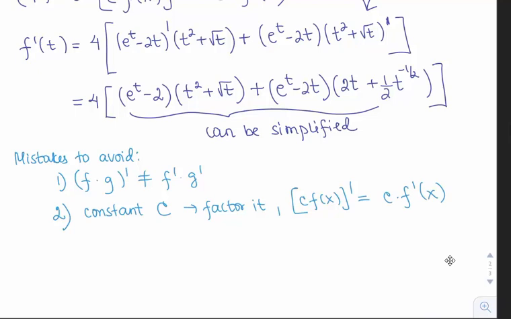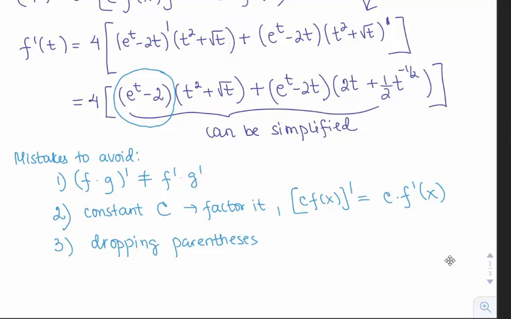One other thing that can happen is dropping parentheses. What do I mean by that? Let's say over here, if you drop the parentheses, then you say e to the t minus 2 times this other quantity.